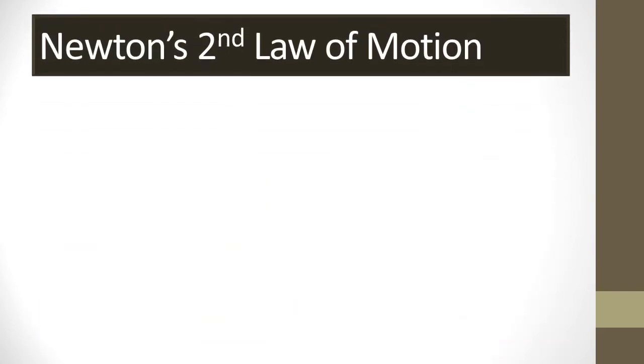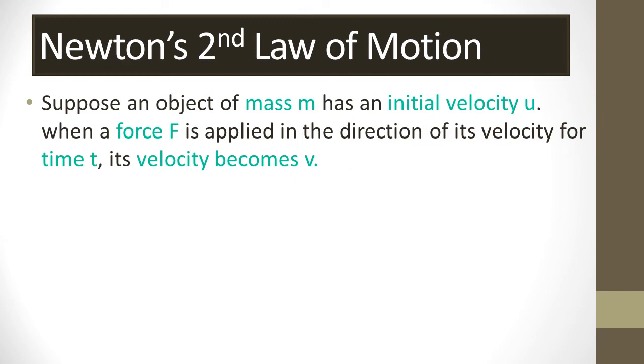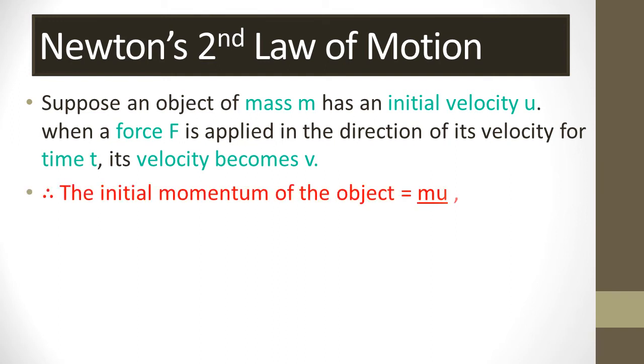Okay, so student, let's understand Newton's second law of motion by a simple derivation. Suppose an object of mass m has an initial velocity u. Always remember, the initial velocity is denoted by u. When an external force F is applied in the direction of its velocity for time t, its final velocity becomes v.